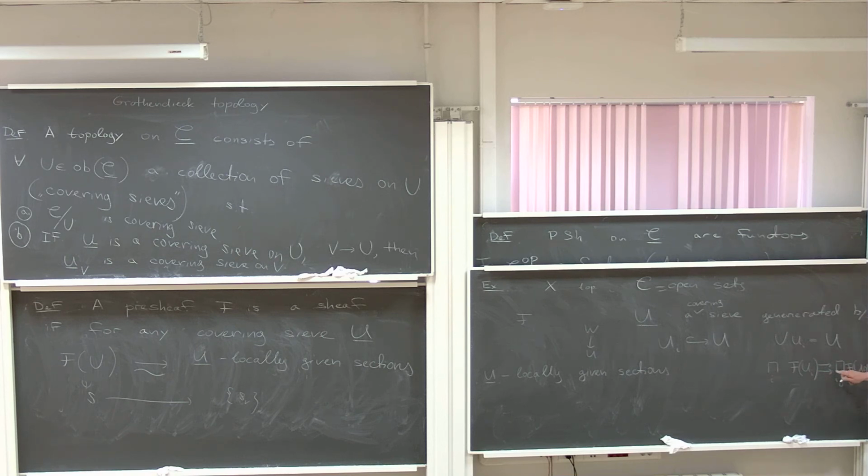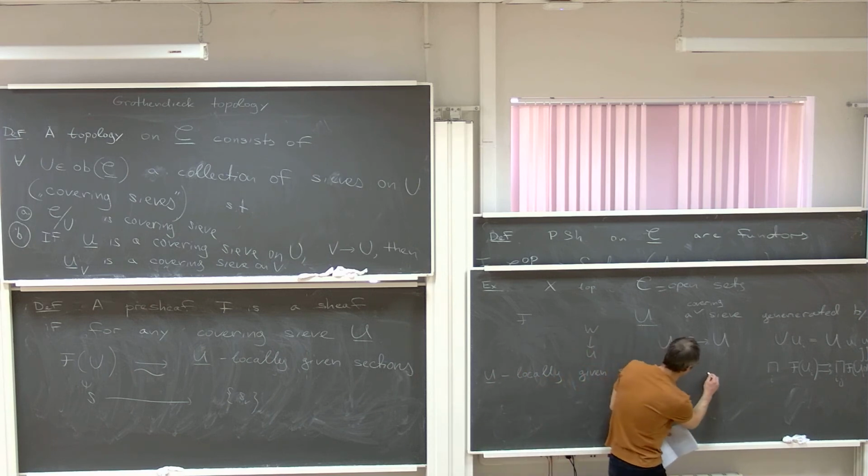And there is another map. You can embed it either to U_i or to U_j, so you can take the restriction from U_i or from U_j. So this gives you two maps. Okay? So this is the coequalizer.